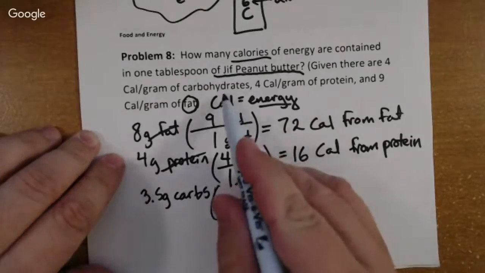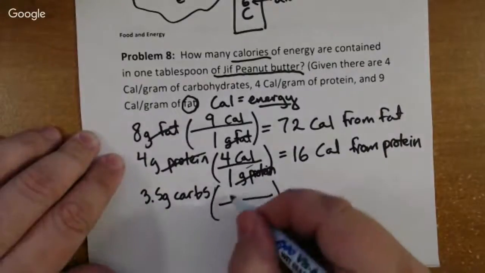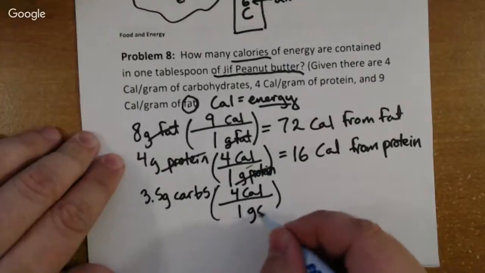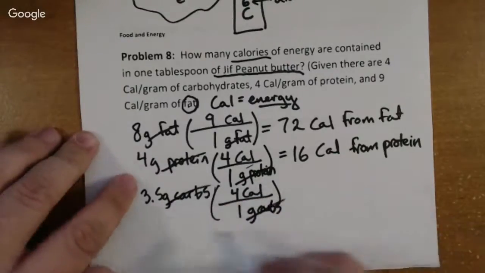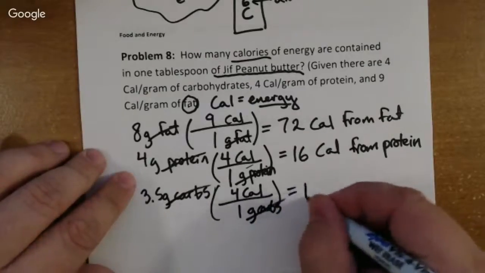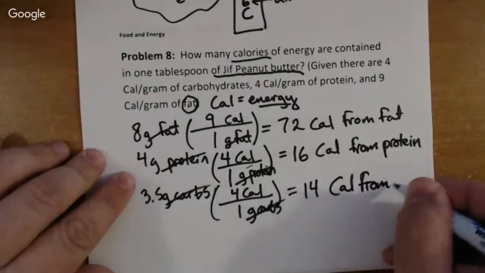For carbs, we've got 4 calories per gram, just like the protein. So 4 calories for every 1 gram of carbs. So grams of carbs cancels out. 3.5 times 4 gives us 14 calories from carbs.